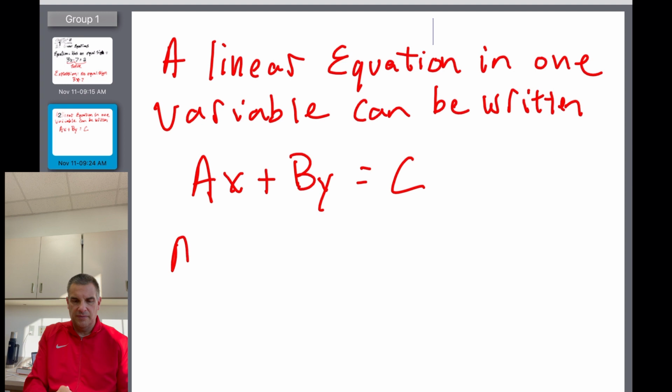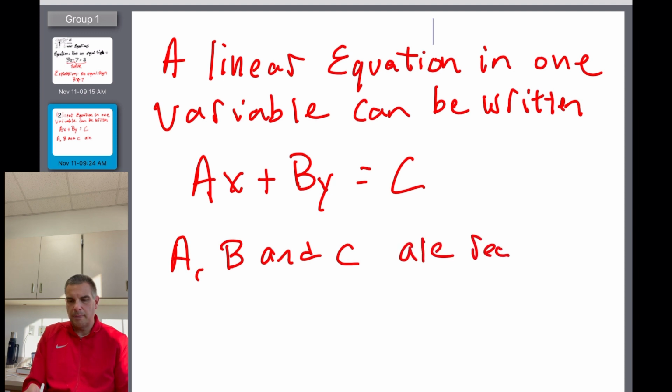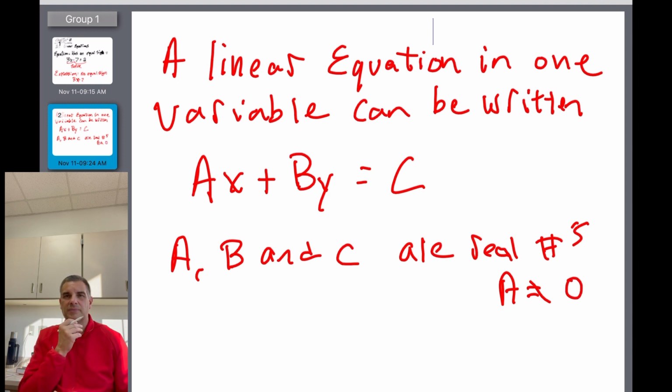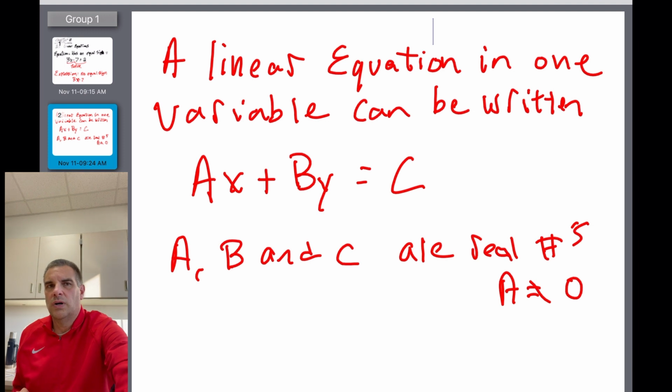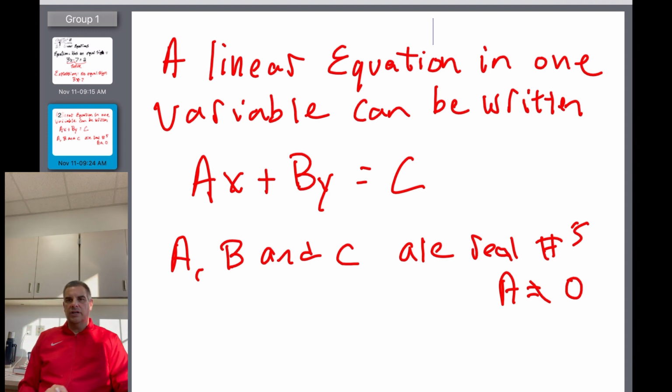Now, keep in mind that a, b, and c are real numbers, and a can't equal 0. Okay. That's what really a linear equation is. It's anything that really can be written in that form.